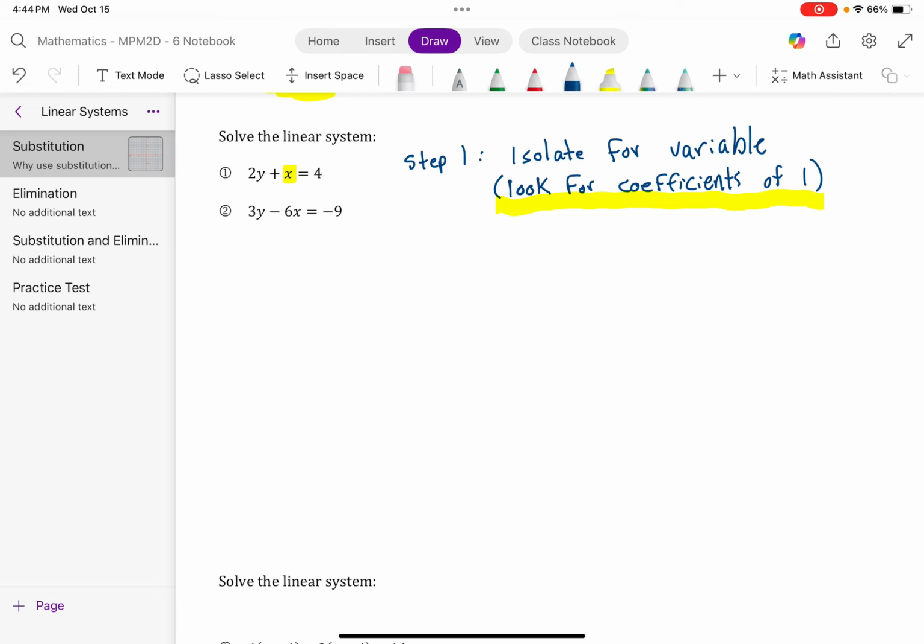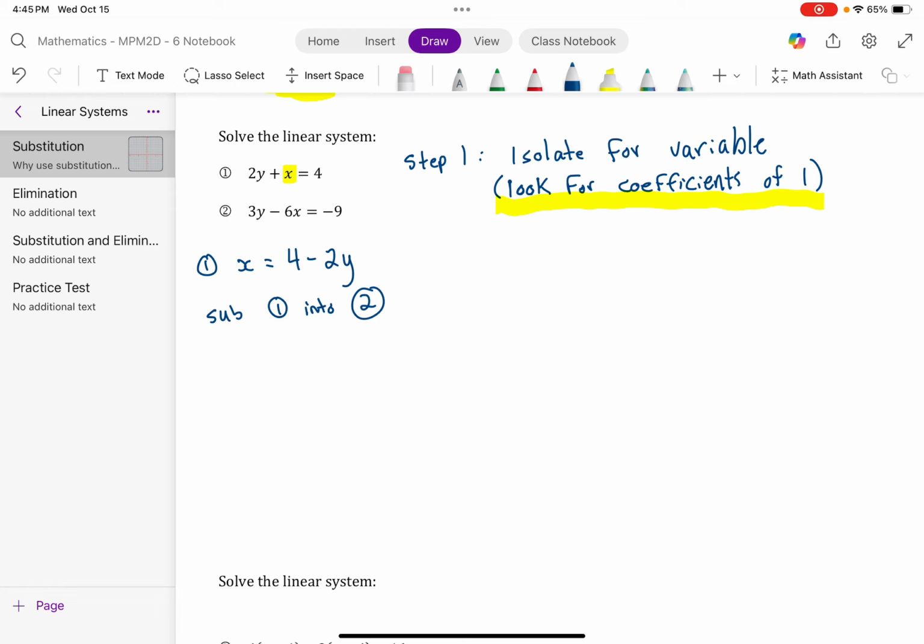So if I wanted to rewrite equation 1, I could rewrite that as x is equal to 4 minus 2y. I now have the x term isolated on its own, and I can go ahead and sub 1 into 2. Then I'll be able to solve for y.